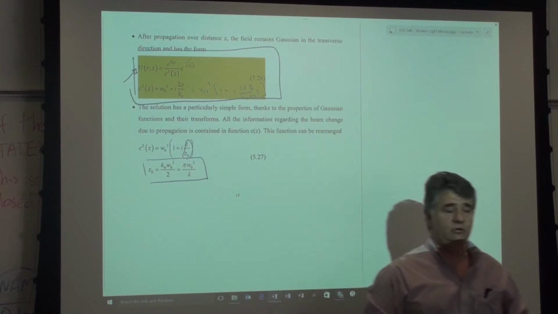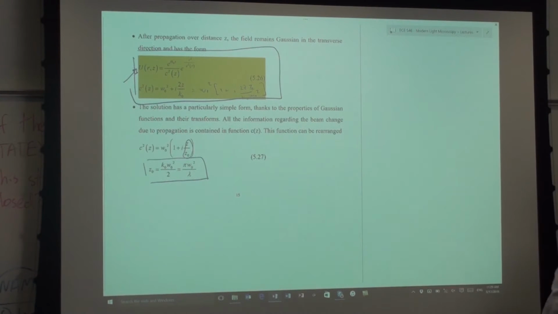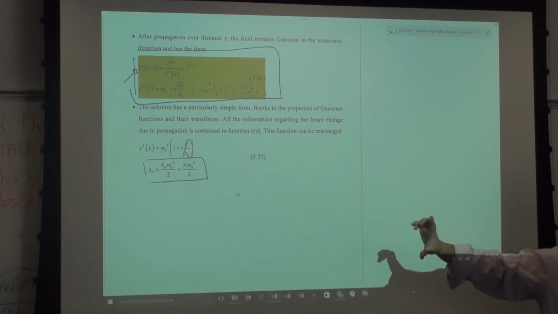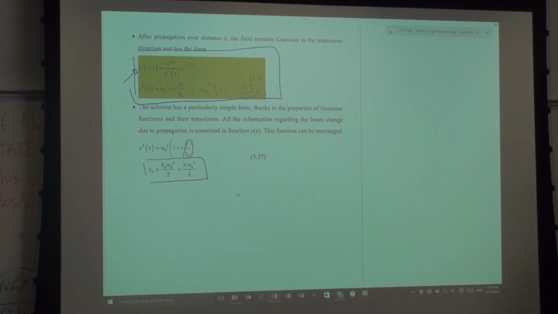That's the meaning of it. So, for example, to get a feel for it, if I have a very tight lens, very tight focus with a microscope objective, right? Very fast. You expect Z naught to be big or small? Very short, right? And if I have large focal distance, the focusing is going to be very mild, right? So that's what it means.